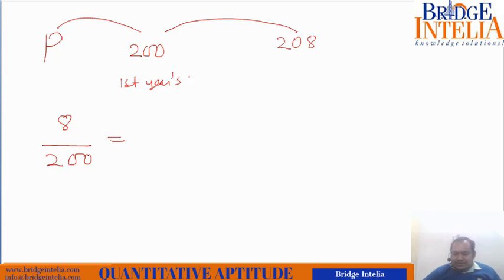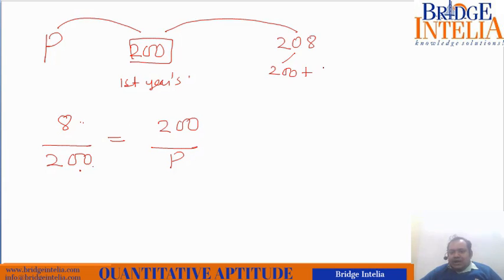So this 8 is what percent of 200? 200 would be exactly the same percent of P, won't it be? Because you have earned 8 because you deposited 200, or you can say because of this 200 you are earning this rupees 8.